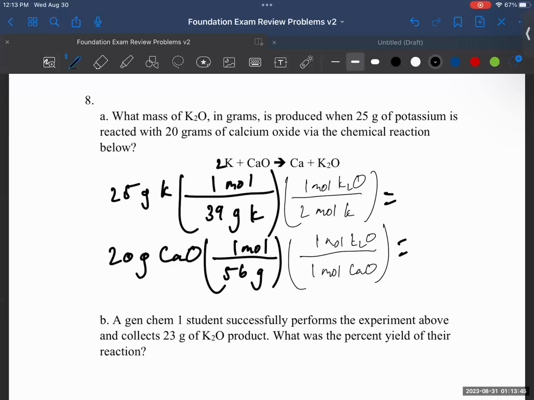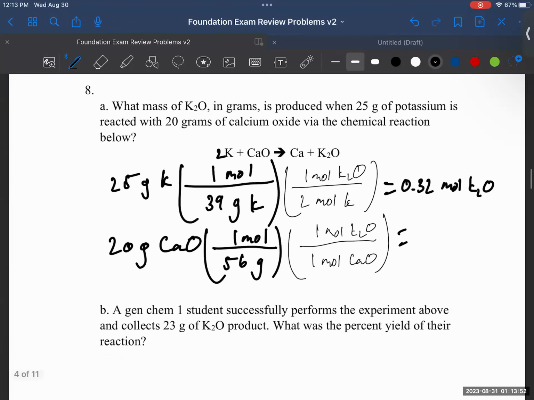0.32. All right. So we have 0.32 moles of K2O. And what about for the next one? 0.36 moles of K2O. All right, we have 0.32 moles and 0.36 moles.